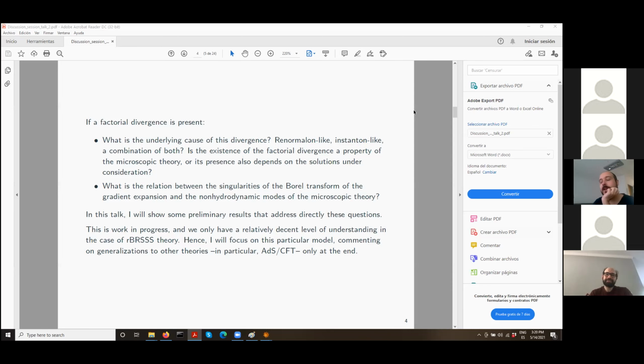I think in the last discussion Mikhail also pointed out that the way the factorial appears is not from the different combinatoric ways of creating these large order terms, but from the number of perturbations.